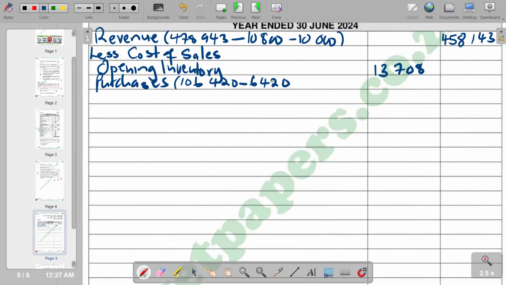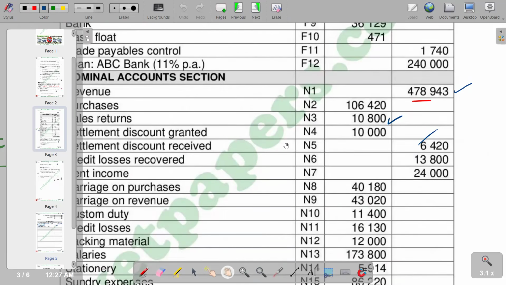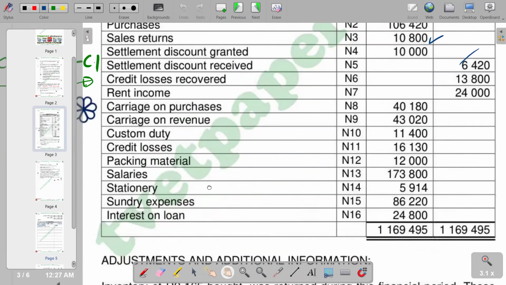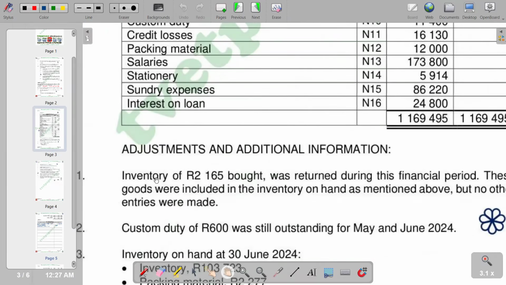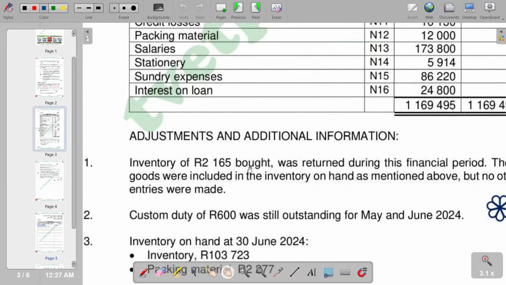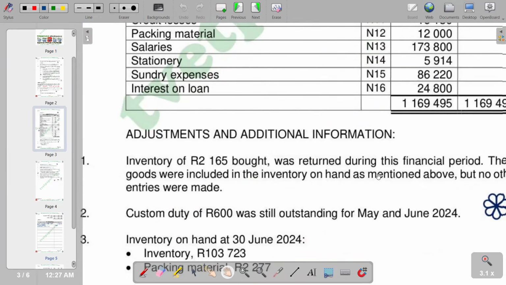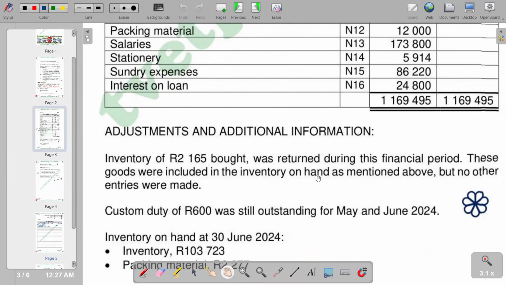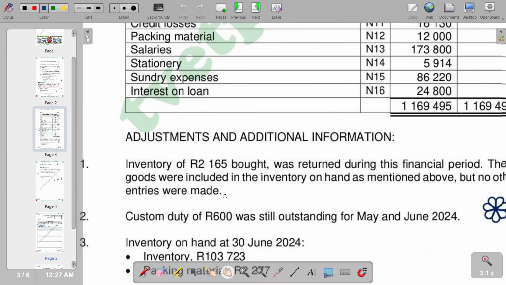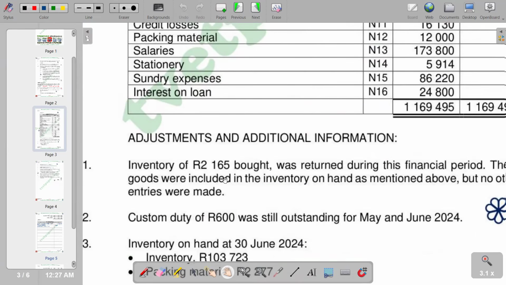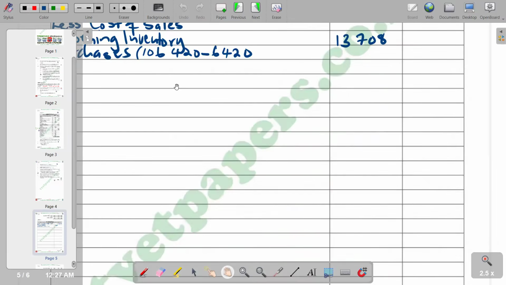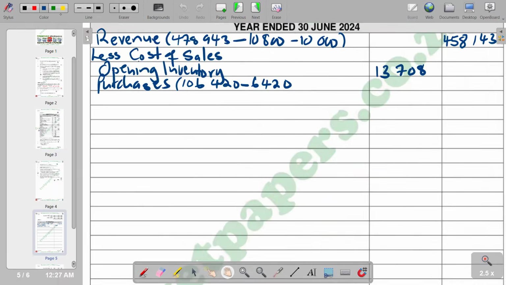And then we check in terms of any additional information that is going to affect our purchases. We go to additional information 1: inventory of 2,165 rands bought was returned during this financial period. These goods were included in the inventory on hand as mentioned above, but no other entries were made. So these are purchase returns which are not recorded. So we need to subtract them from our purchase figure, 2,165.